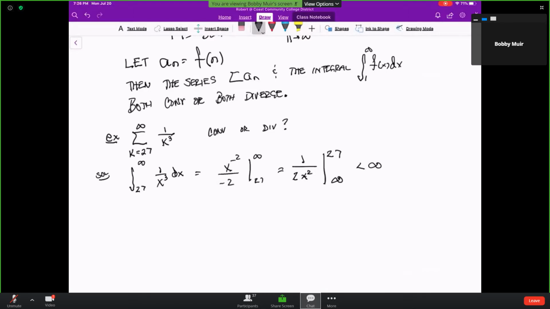So that means that this sum, k equaling 27 to infinity of 1 over k cubed, converges. Now we don't know what it converges to, but we do know that it converges.